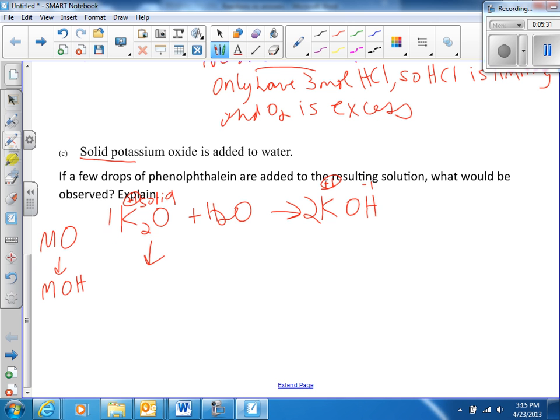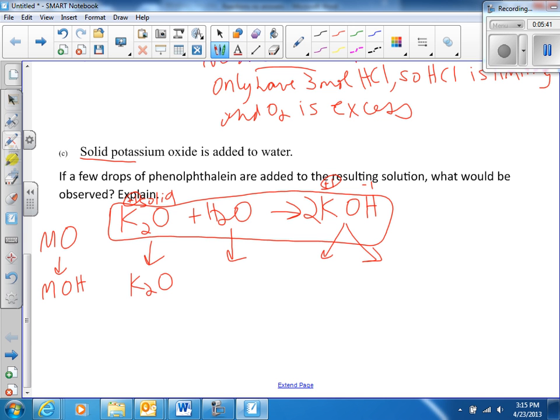There we go. And then we shouldn't include our charges. Oh, not done yet. Water comes straight down, KOH splits apart. So K2O, H2O, 2K plus, that is an arrow, not a plus sign, and 2OH minus. Okay, done with the reaction.